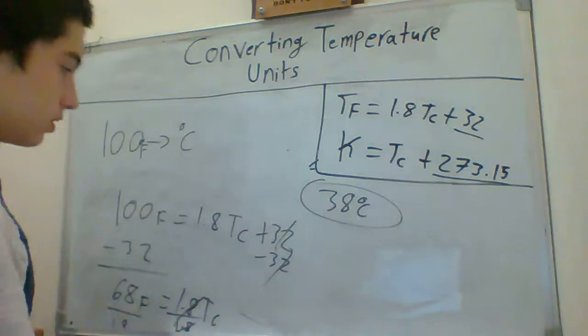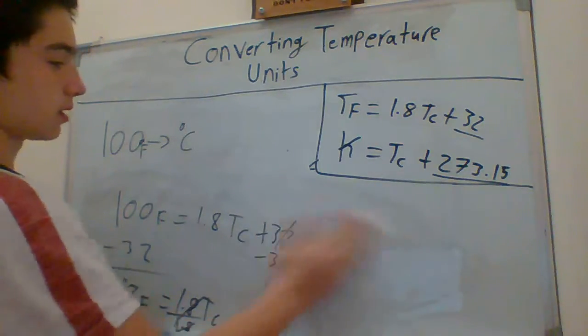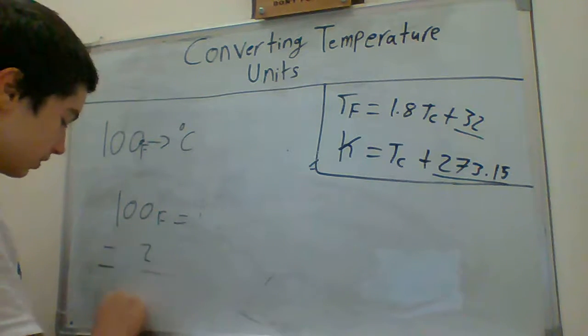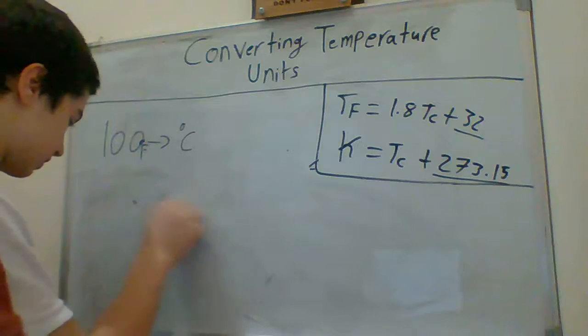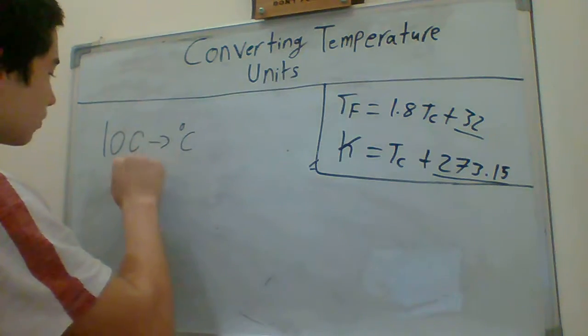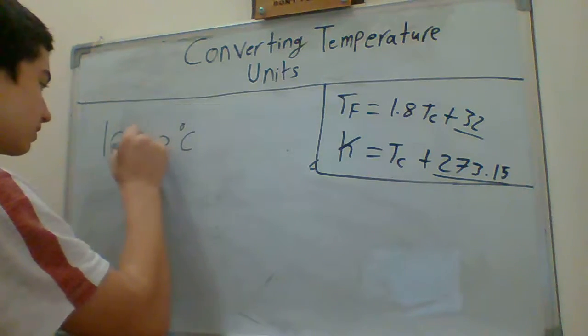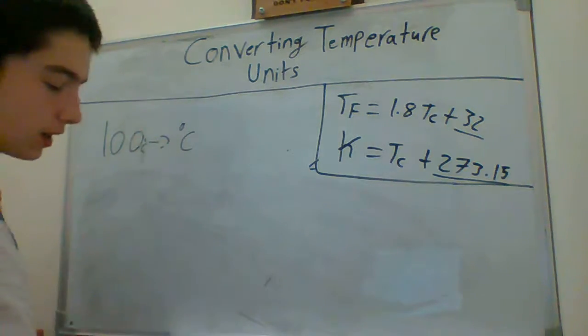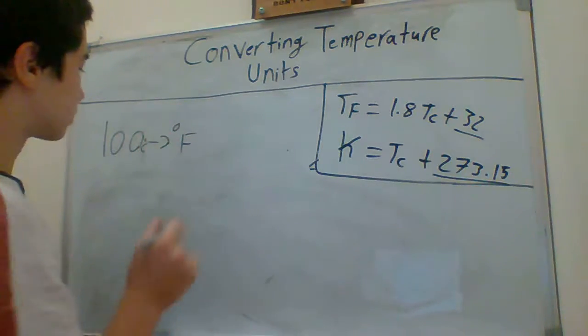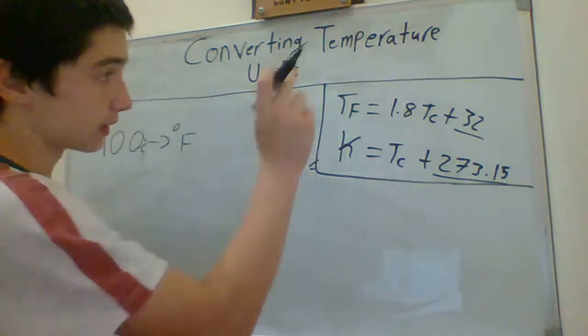Let's take another question. This question is going to be the same but with different units. We're going to convert now 100 Celsius into Fahrenheit. So let's do that. Which equation are we going to use? You're right, that one.